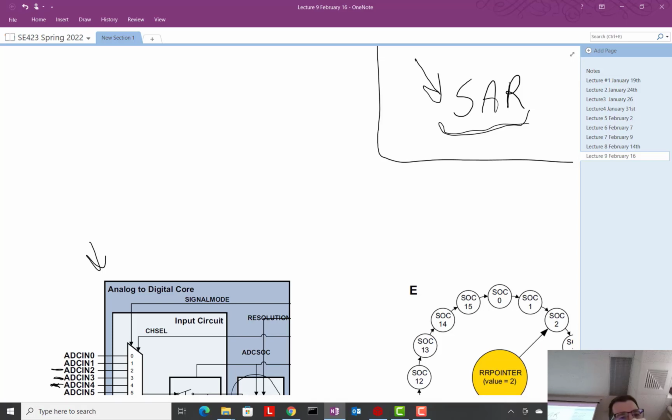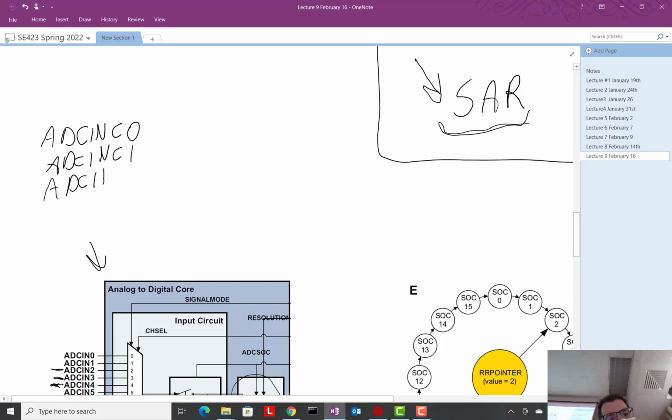We have ADC in C0 we could use, ADC in C1, ADC in C2, and ADC in C3. It goes through, I think, C5, but let's just list off these four right here.